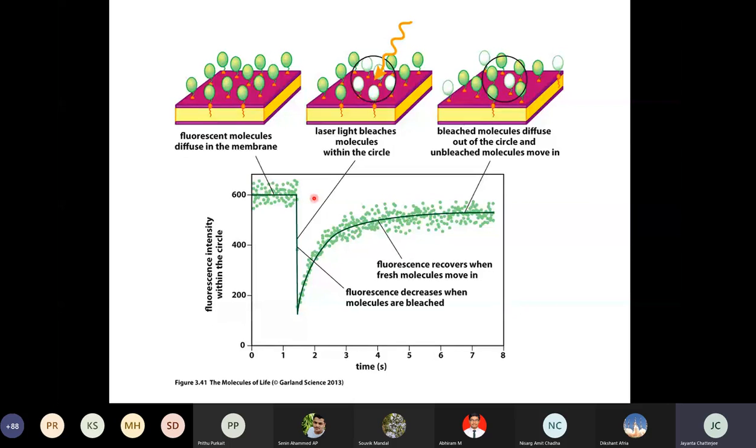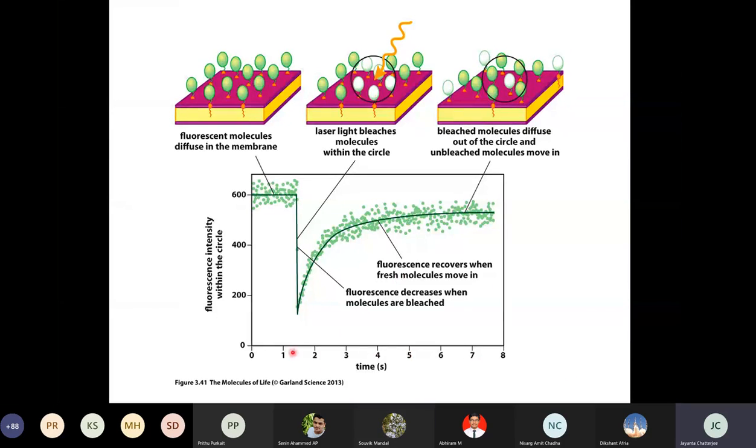It's very much possible for these whitish molecules to regain their fluorescence, but the time scale at which they regain it is much longer. It's not within seconds. It's within minutes, or it could be hours also.